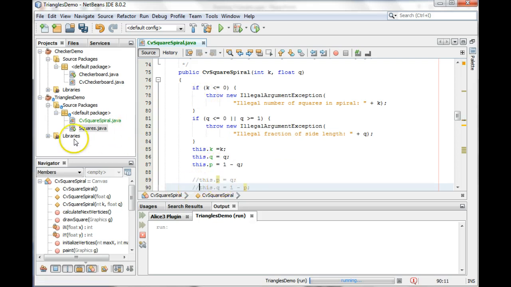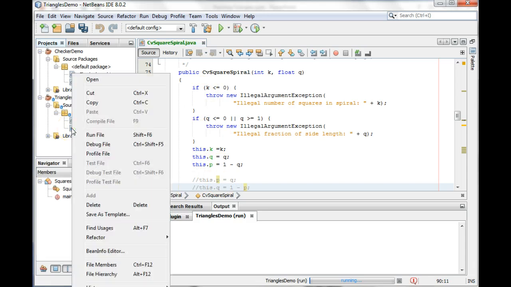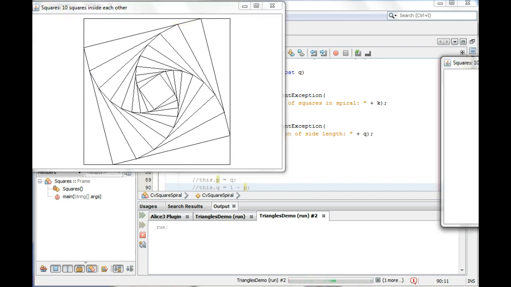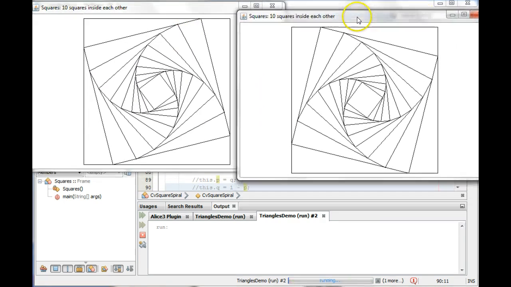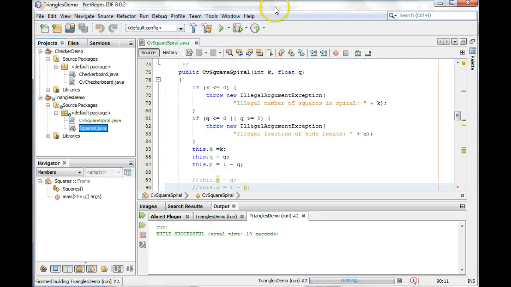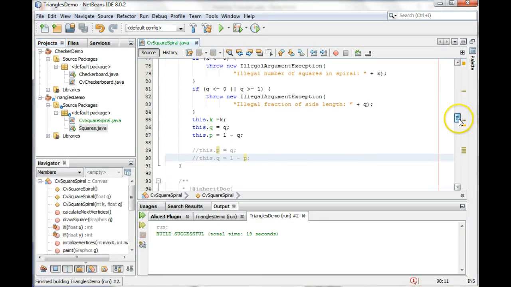Now let's run the original one and just see for comparison. Okay, so here's our original, and here's the one we made by reversing p and q. Okay, so that's what we're going to need to do: alternate the values of P and Q like that.